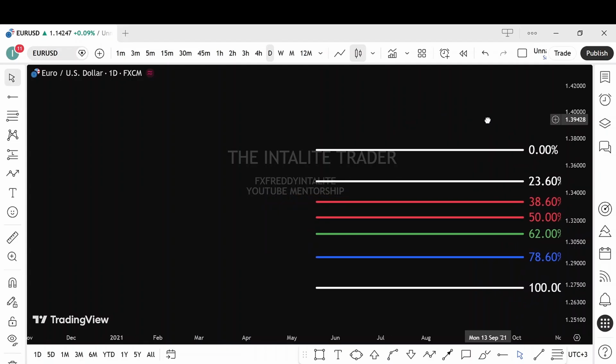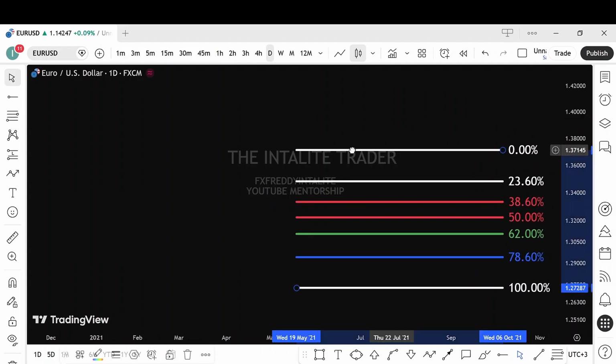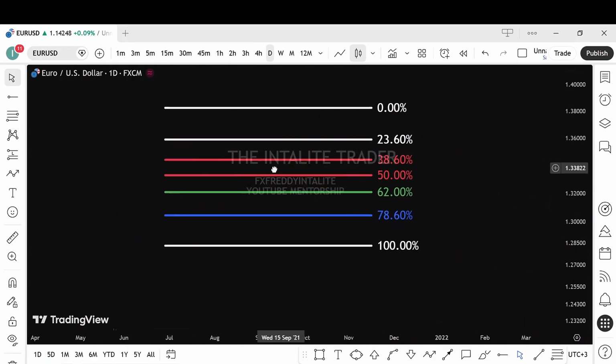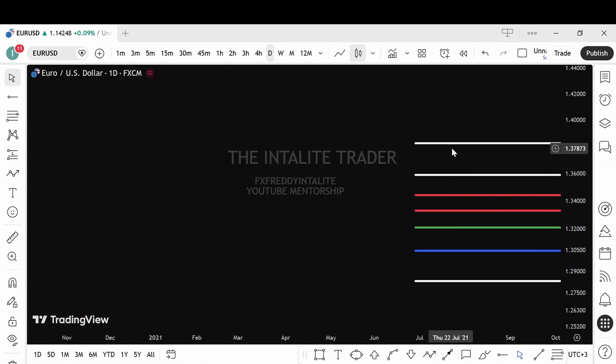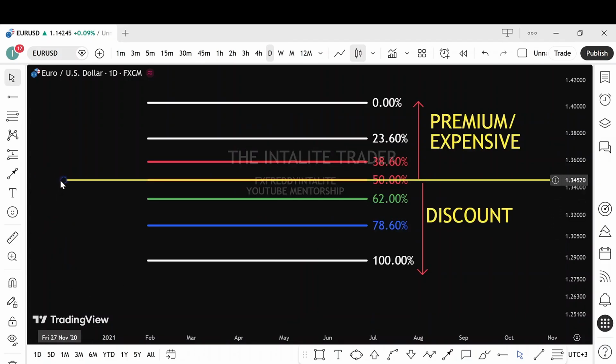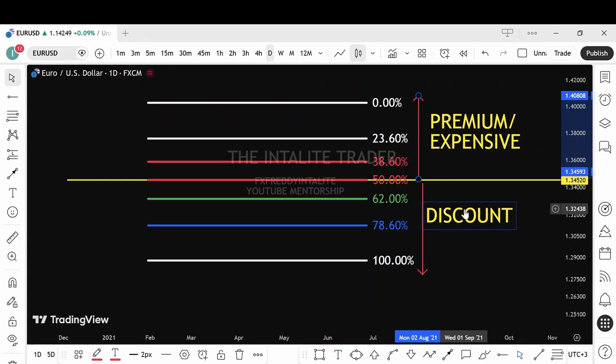So when price is trending, going up or going down, we shall use this ruler to tell the direction of the market or to tell what price is doing. Anything below 50, we say price is at a discount, and anything above 50, we say price is expensive. I don't know if you are getting it.